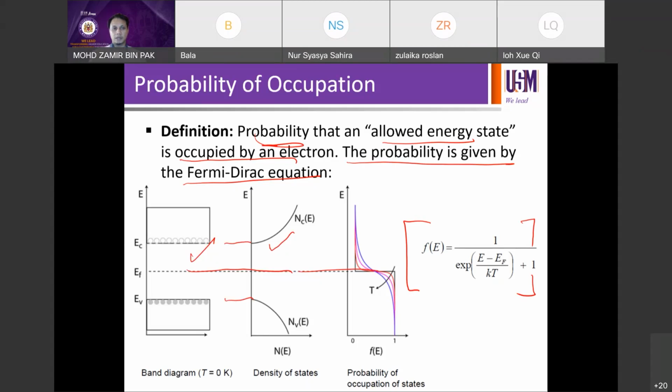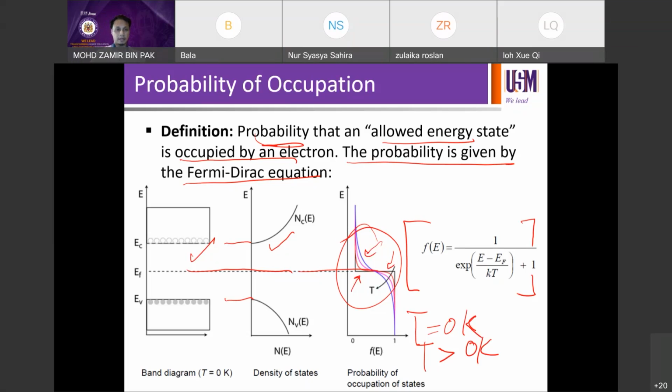And the third one is probability of occupation, which is what we discussed in the Fermi-Dirac distribution function at T equals 0 Kelvin and at T more than 0 Kelvin, whether it's T1, T2, T3, whatever. You can see the very same shape as we discussed yesterday and today, with the area under the curve being the thermally excited electrons from the valence band to the conduction band, and so on.